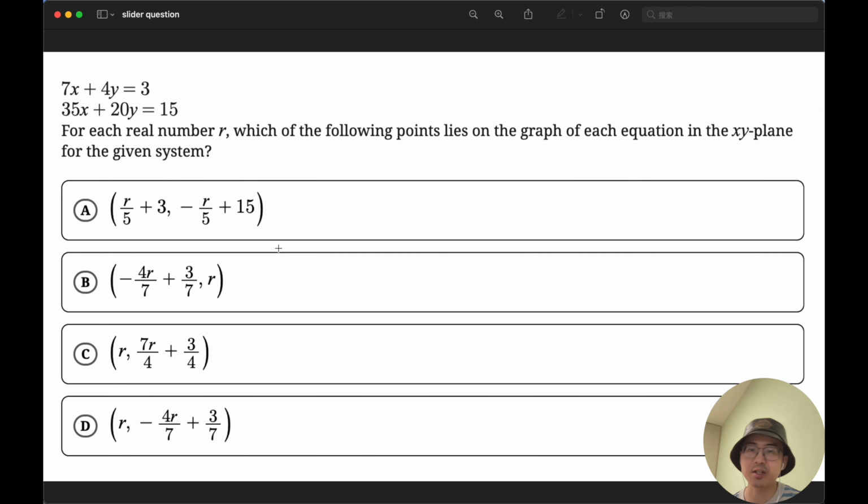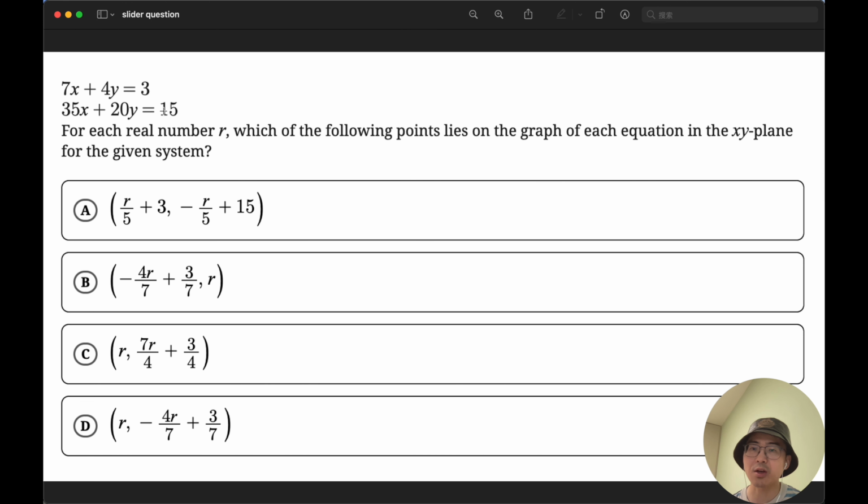So in this circumstance, we can use the slider function, okay? Also, if we take a look at the 2 equations, you notice that actually they're the same. For example, if you multiply both sides of the first equation by 5, you get exactly the second equation.